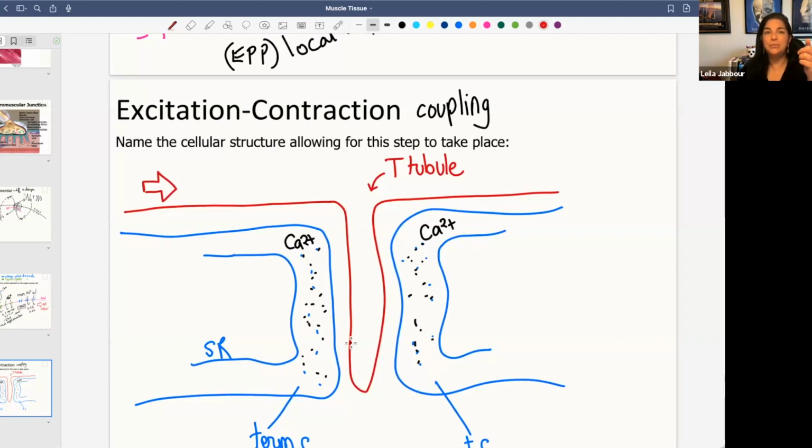We use the T-tubule. So this depolarization of the membrane is the action potential traveling down. Imagine all the dominoes going, opening, opening, open, depolarization, boom, boom, boom, one domino after the other.